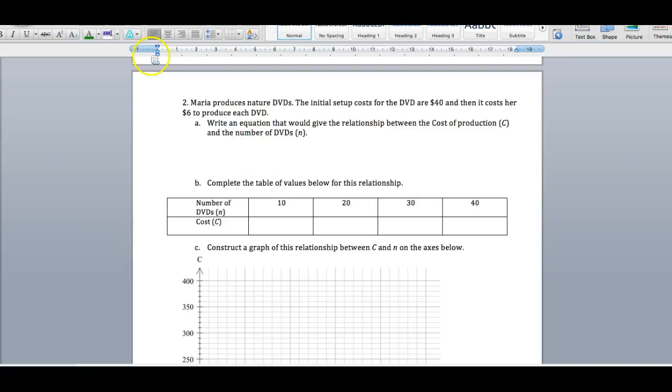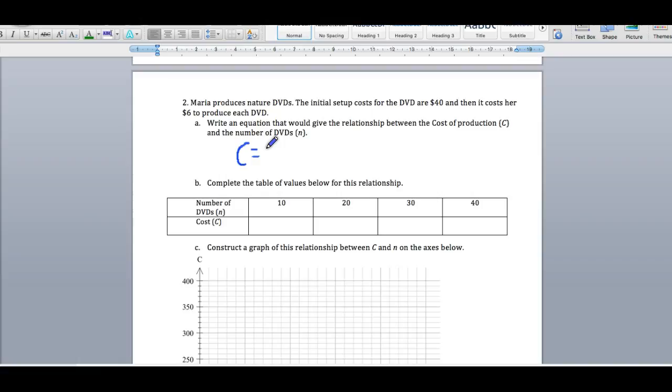The cost changes, we call that a variable. The reason why we call it a variable is because it varies. And the cost is dependent on how many DVDs are bought. So the cost equals something depending on how many DVDs are produced.